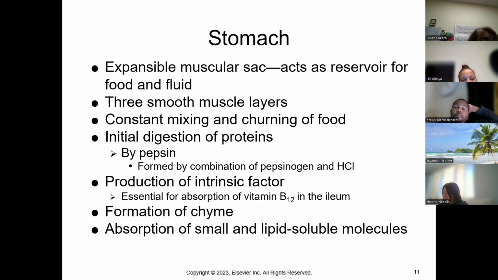Now, the stomach, it's a muscular sac. It's able to expand. It serves as a reservoir for food and fluid. It can hold a pretty good amount, about 1.5 liters of food and fluid. When it's empty, it falls into folds or rugae, and all this means is these folds allow it to expand or get bigger.